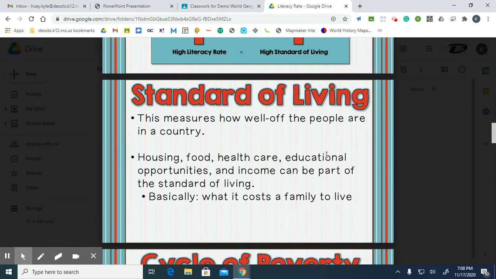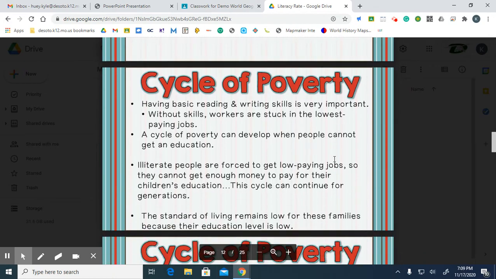Countries that have low literacy rates tend to have not as well paying jobs, which means they have a lower standard of living because they can't afford the needs they need in order for survival. Okay, so talking about the cycle of poverty, having basic reading and writing skills is important.